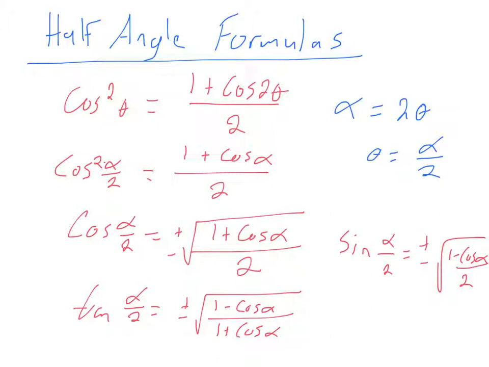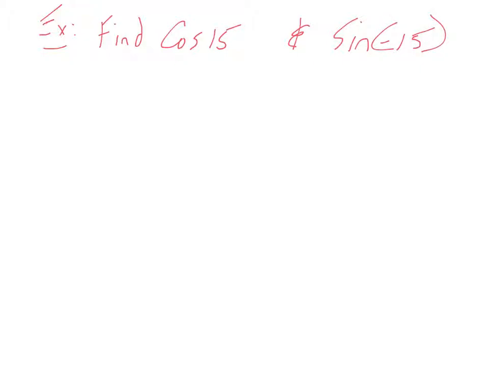All right, so, like the following, to find, let's say, cosine of 15 degrees and sine of negative 15 degrees, you're going to go ahead and use those formulas. So go ahead and use the half angle formulas to find the exact values of cosine 15 and sine of negative 15, please.